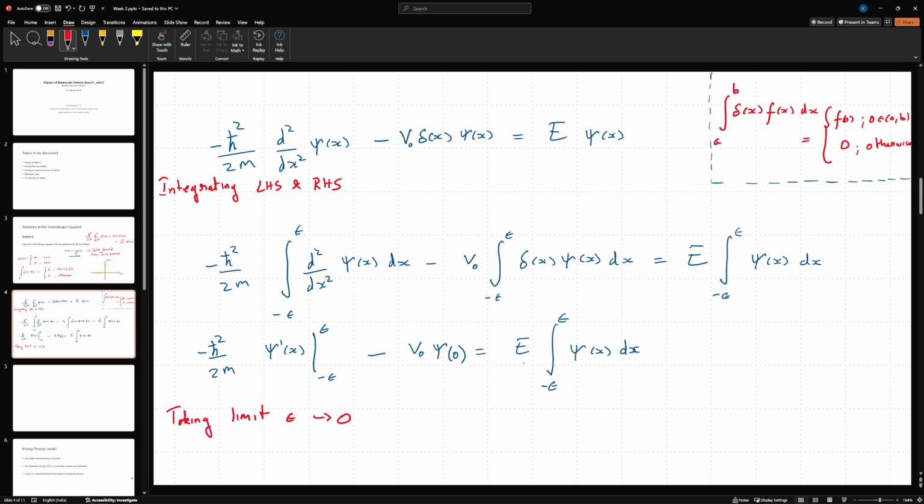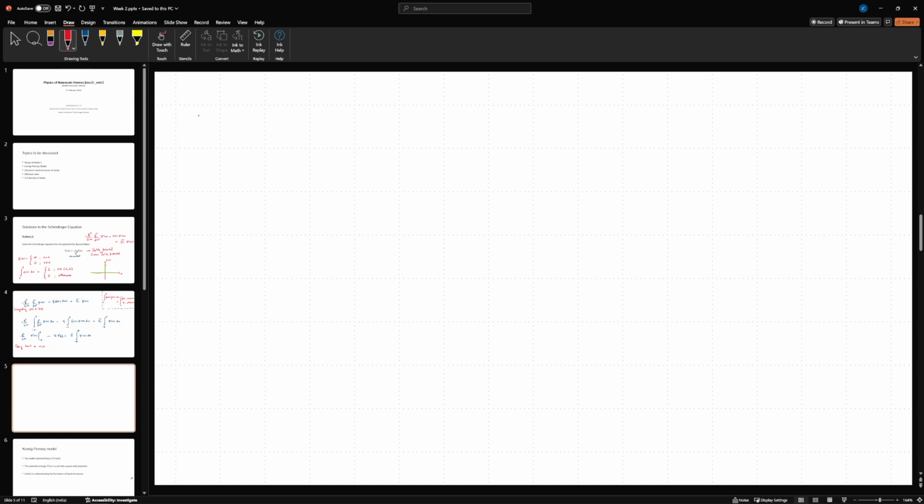Whatever the integral of psi of x may be, if the initial and the final point of my integral become the same, then the integral will vanish. So essentially what we will be left with is this.